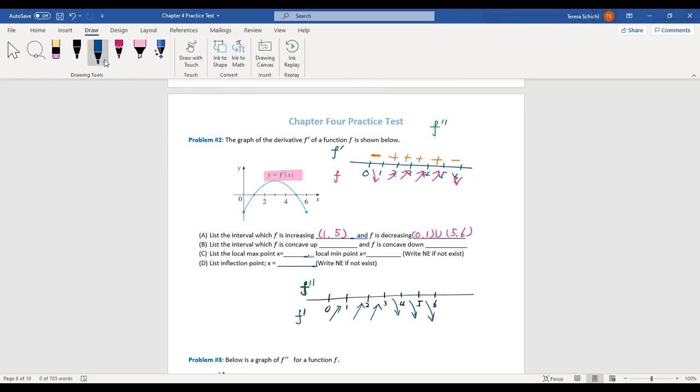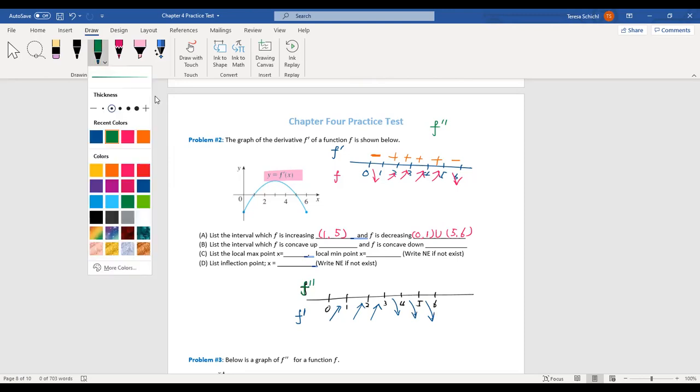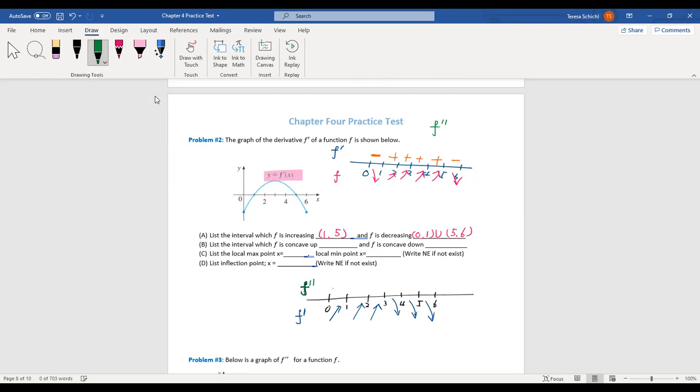So f double prime is the derivative of f prime. If f prime is increasing, what is f double prime going to be? Positive, positive, positive. Then negative, negative, negative. So it's positive, positive, negative, negative.